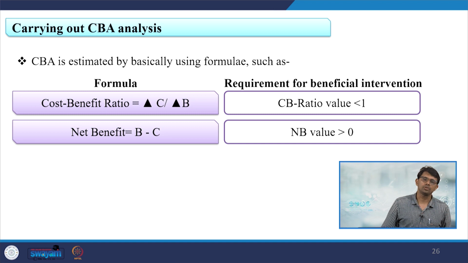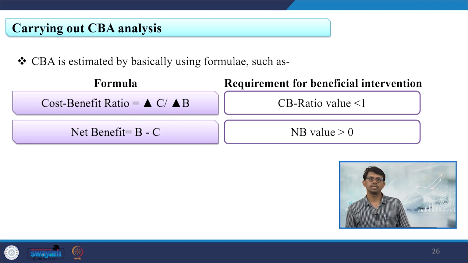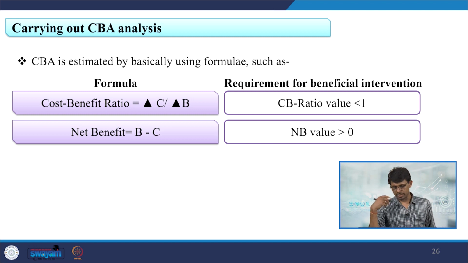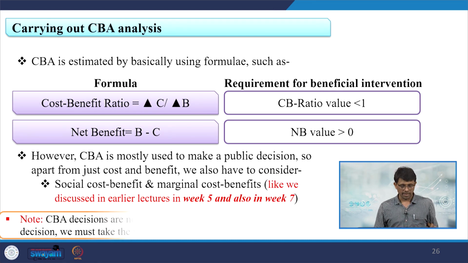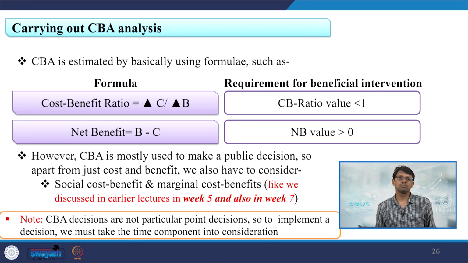In case of net benefit, which is simply B minus C, the net benefit should be greater than 0. That is the requirement as a measure of CBA.